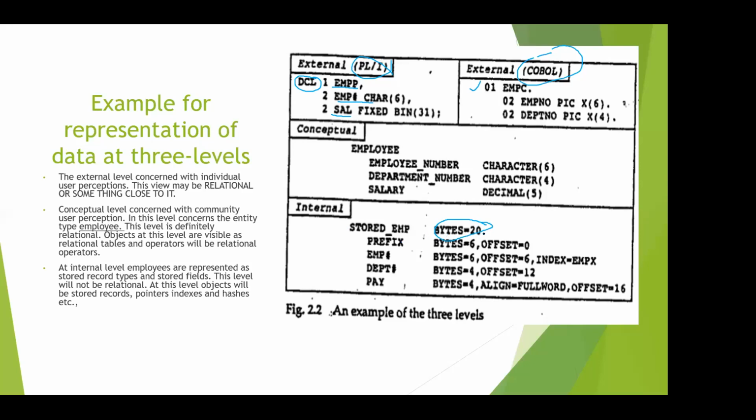Again, these 20 bytes are divided by using stored fields: prefix, employee number, department number and pay. So it is divided into 6 bytes, 6 bytes, 4 bytes and 4 bytes. Totally it is 20 bytes of data.